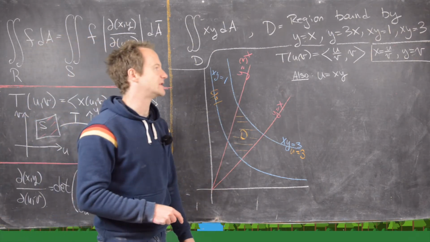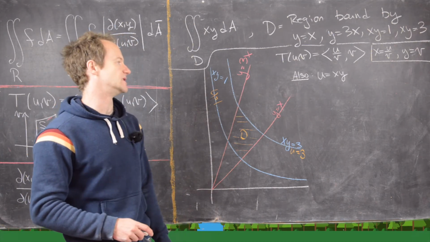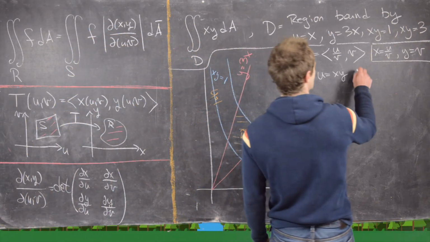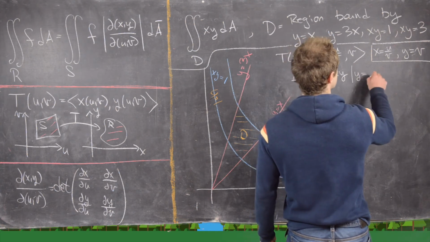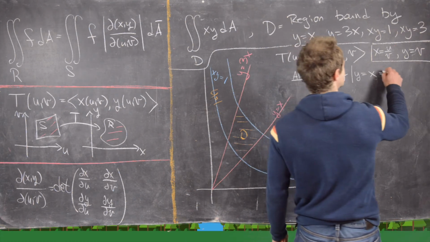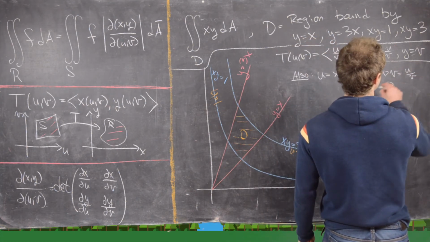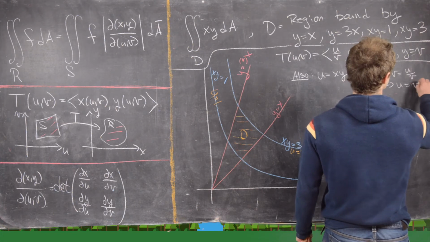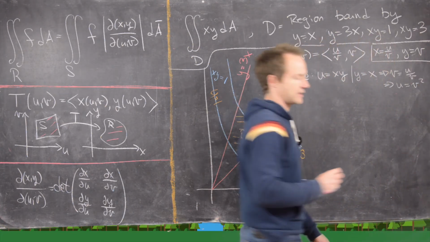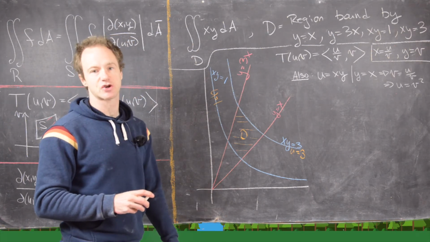Now let's see what happens to y equals x when we transport them into the uv plane. So notice that if we have y equals x, let's do this substitution. That's the same thing as saying v equals u over v, which means that we have u equals v squared. So u equals v squared, or v equals the square root of u.